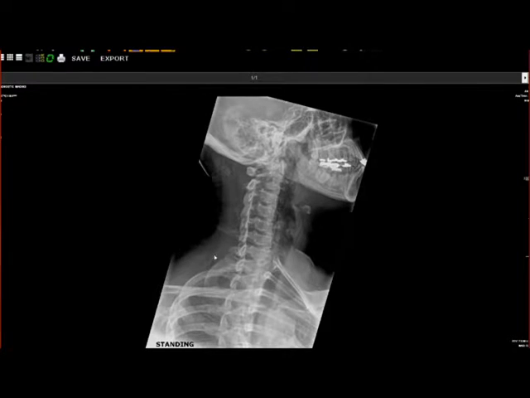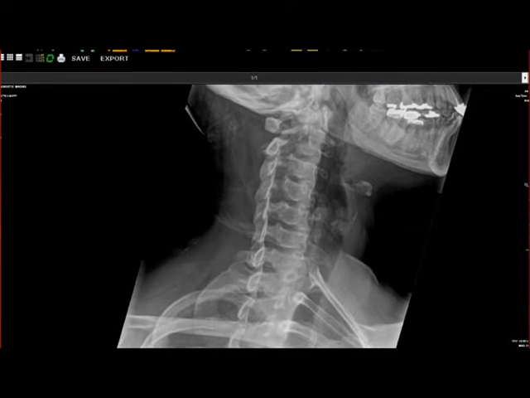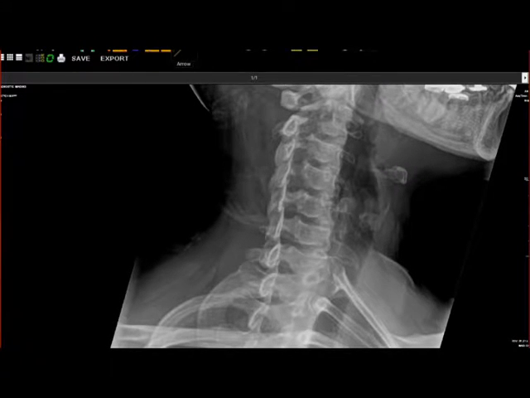This is an oblique image, and again it shows a large, curvilinear cervical rib right here, much larger than that on the other side, which is right here, and it extends around in the exact configuration that you would expect of a cervical rib.